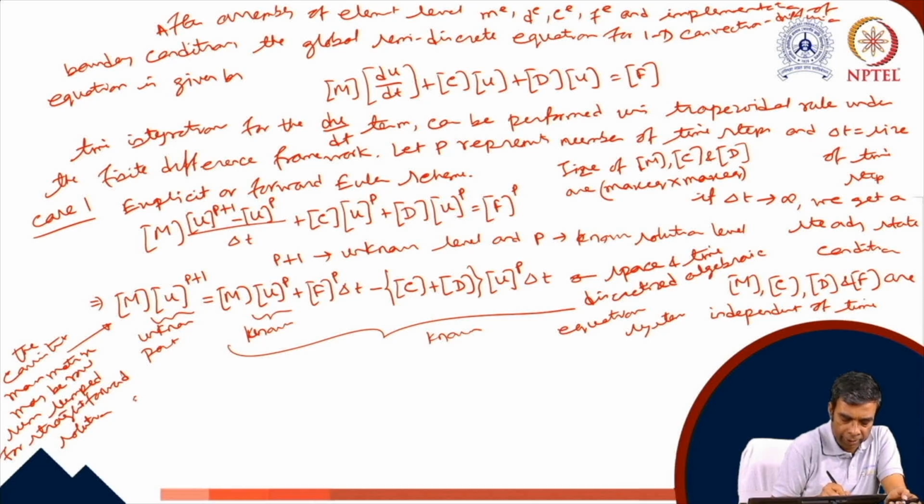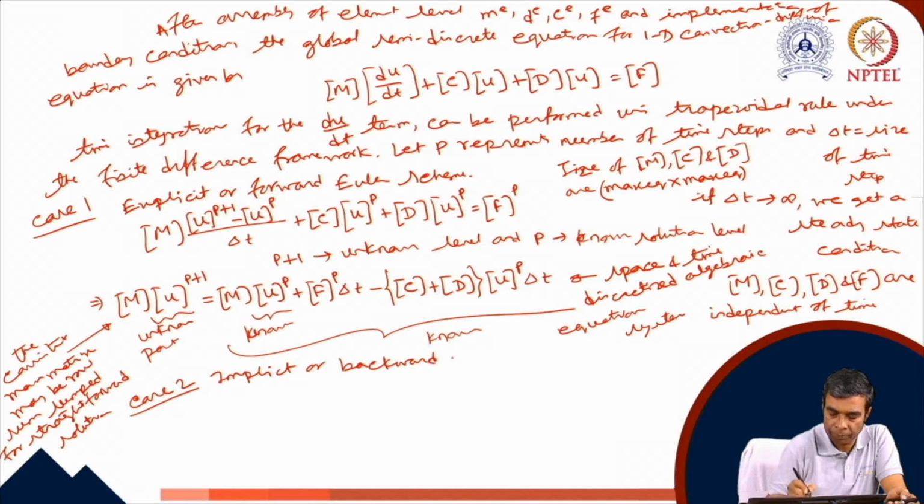So here we consider case 2, implicit or backward Euler scheme.